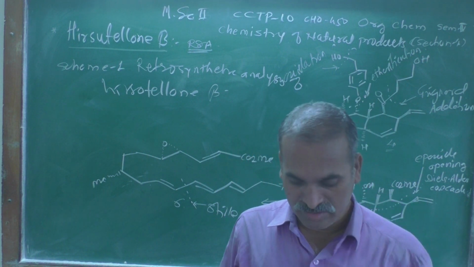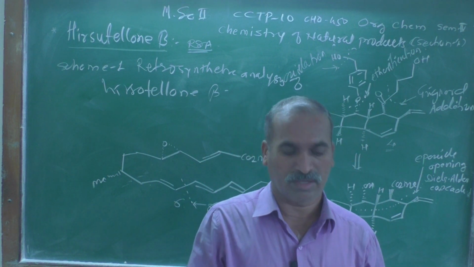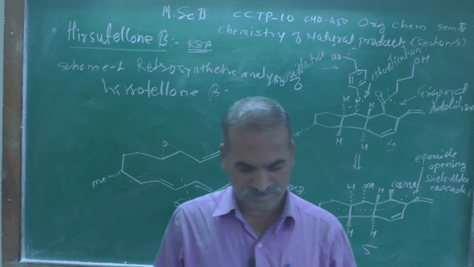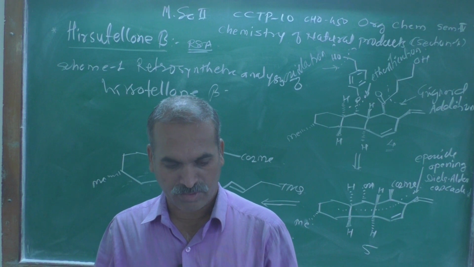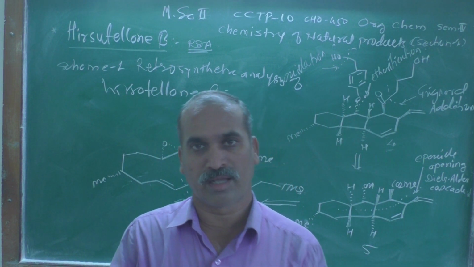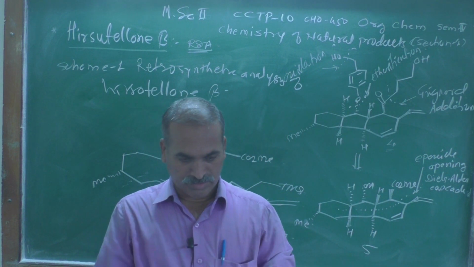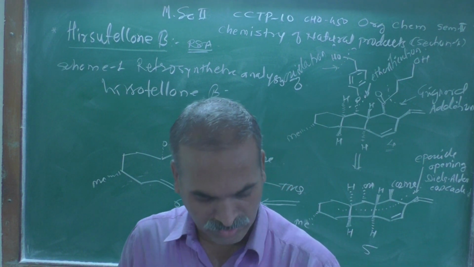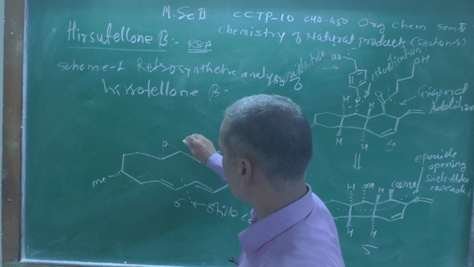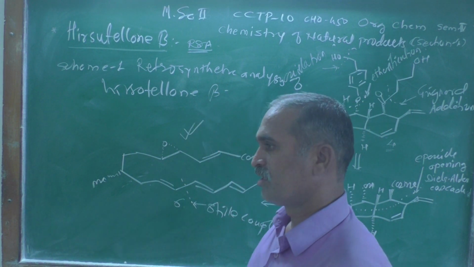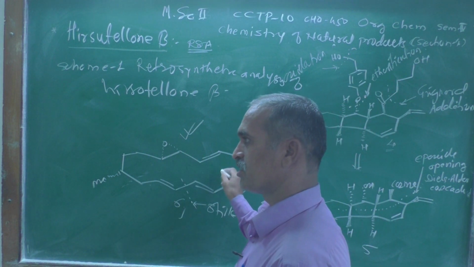TMS means trimethylsilyl chloride. So in this way we have seen all the structures obtained from the retrosynthetic analysis. And in retrosynthetic analysis, as we know, the process of breaking down the target molecule into convenient starting material is known as retrosynthetic analysis, and here we got the retrosynthetic analysis, and this is the starting material.